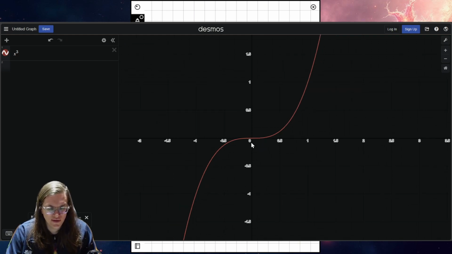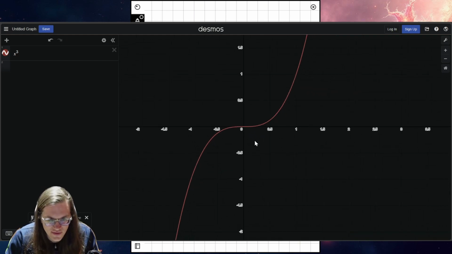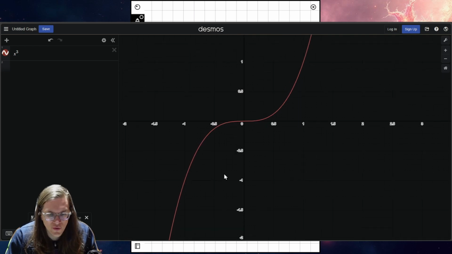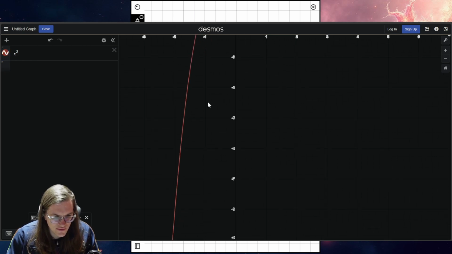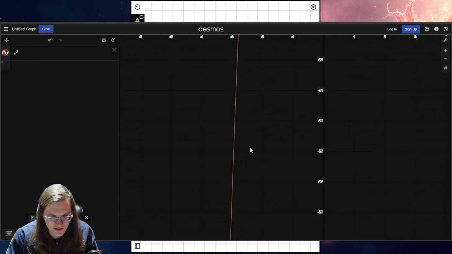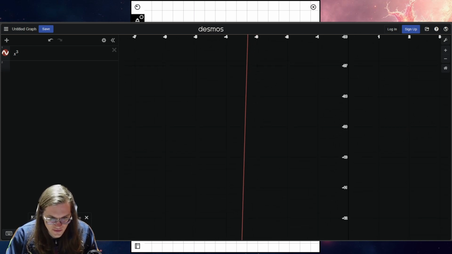Let's look at the domain and range of this thing. So the domain, this goes off to negative infinity in the y direction. And very gradually, it's kind of hard to tell, but it goes off to negative infinity in the x direction as well. You can see it continues to grow.